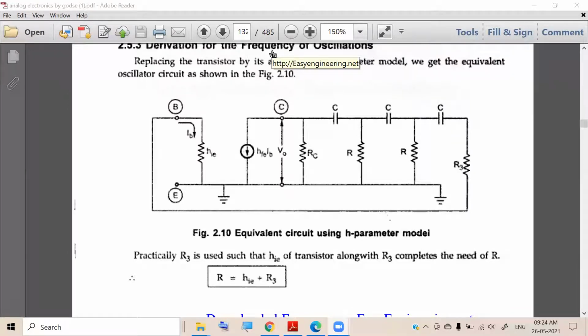You have already studied mathematics, yes or no? Very lengthy derivation, but very easy. The determinant of a 2 by 2 matrix is AD minus BC. Determinant of a 3 by 3 matrix, I think you studied in school, isn't it?